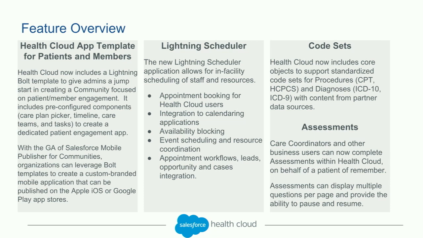An app template in the form of Buid, and also to be used with what's being released as mobile publisher to create a patient mobile application. Lightning Scheduler, which is in its first release and will be our scheduling application for in-person or over-the-phone video visits, and so forth. Code sets, support for things like standardized code sets for procedures and diagnoses. And lastly, a number of enhancements to assessments, so you can actually complete assessments right within Health Cloud.